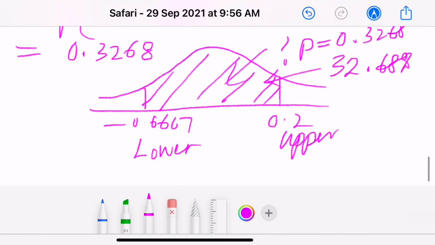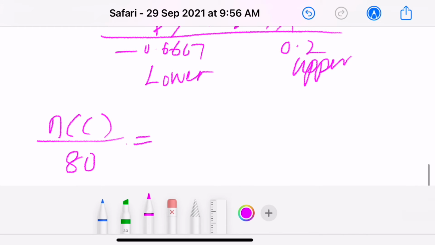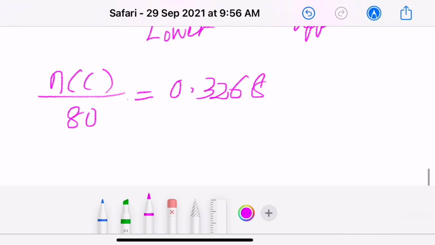Understand? Now we were given that the number of the sample space is 80, and the probability of the event we just found is 0.3268. So we take the total number times 0.3268, then we get the number of customers that we want.